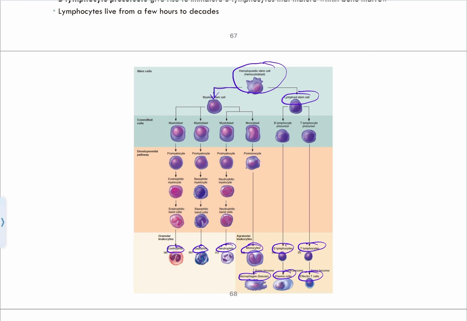I don't expect you to know the names of anything from here to here. I'm more worried that you understand what stem cell line these leukocytes are originating from, and understand that monocytes also differentiate to become macrophages when they enter tissues.